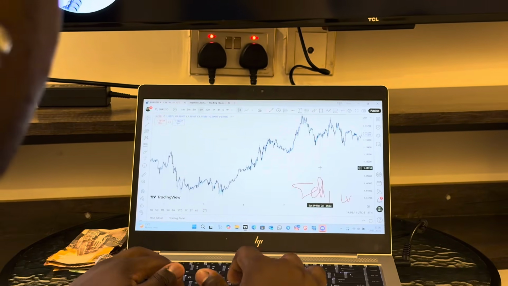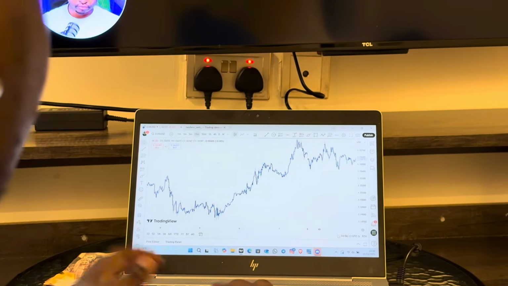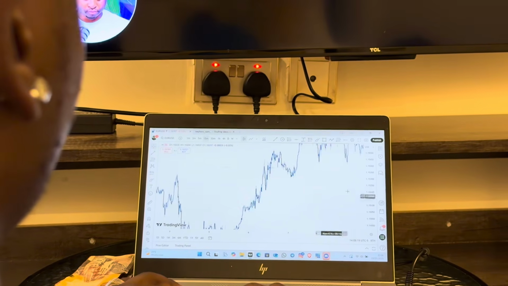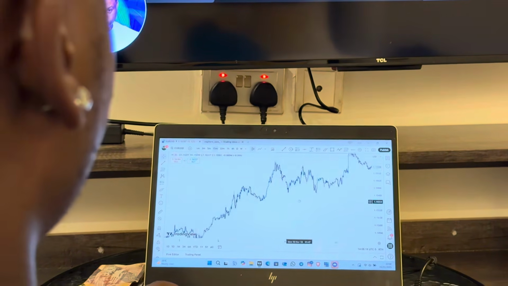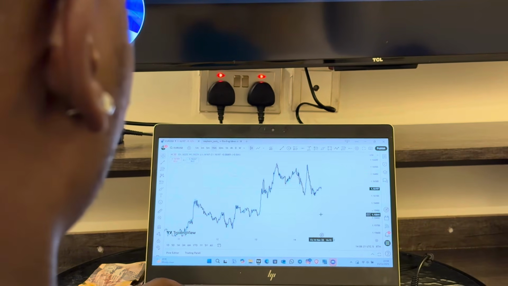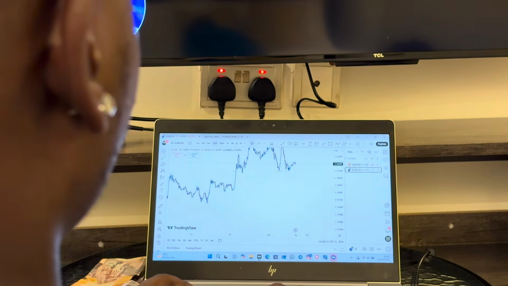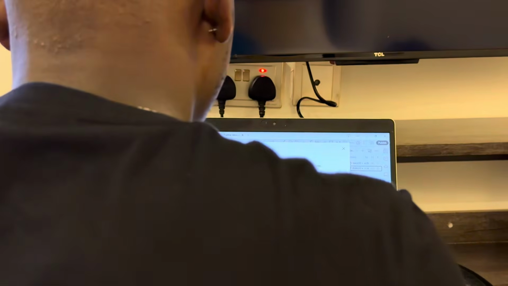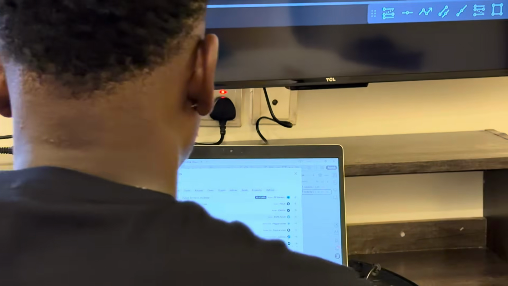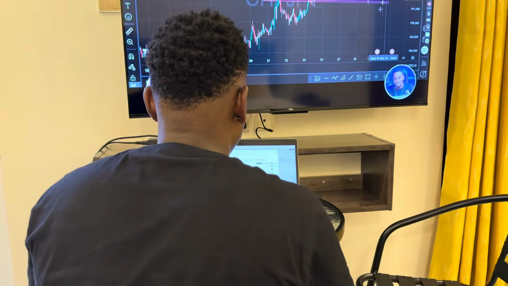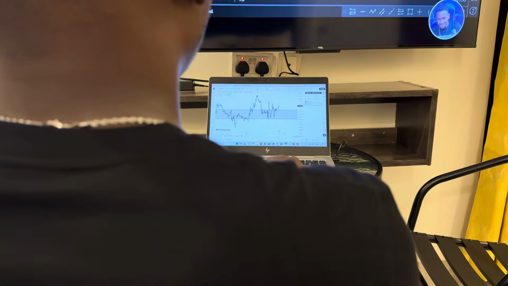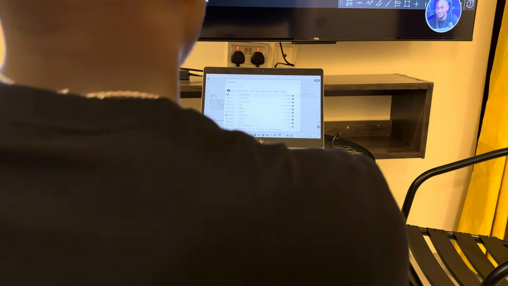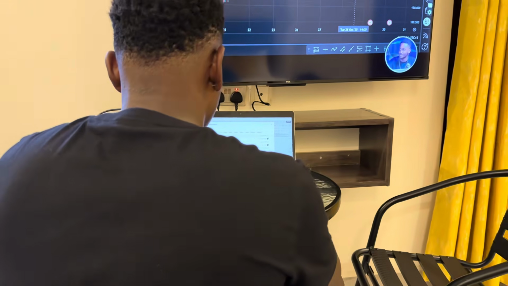Let me look for another example. I want to look for a perfect one. I can add another pair like GBP USD. Let me add another one, USD JPY.